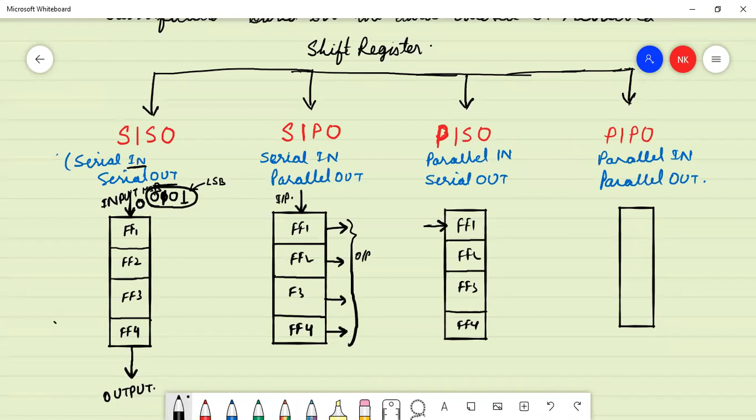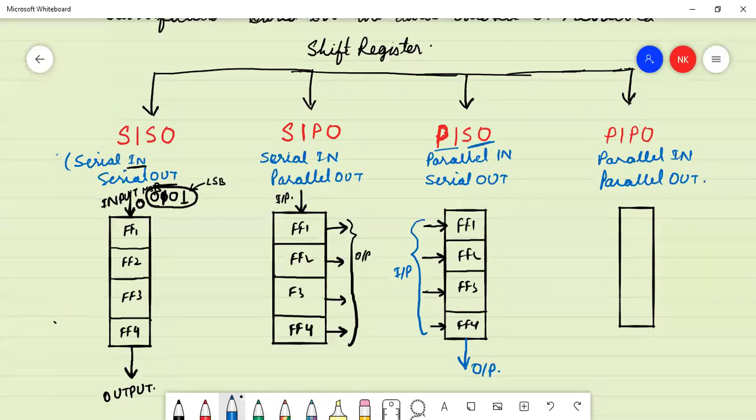Data will get entered in this flip-flop, this flip-flop, this flip-flop, and this flip-flop parallelly. These are the inputs here, and as the name suggests, parallel in and serial out, so data will get output from here.